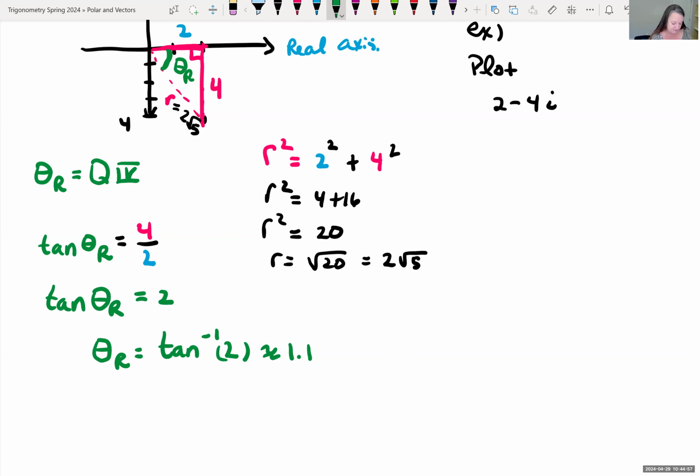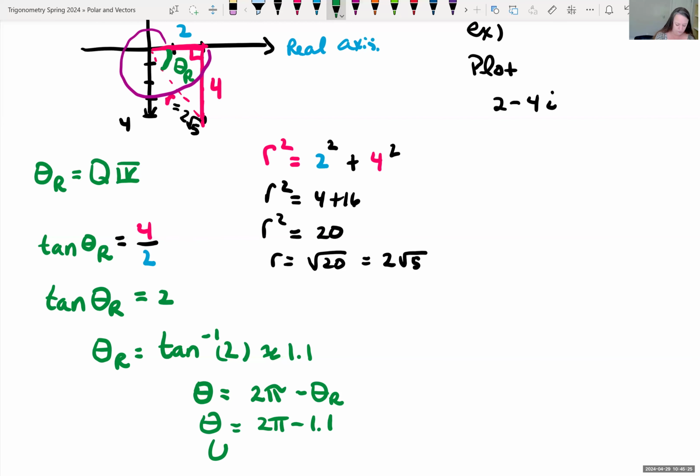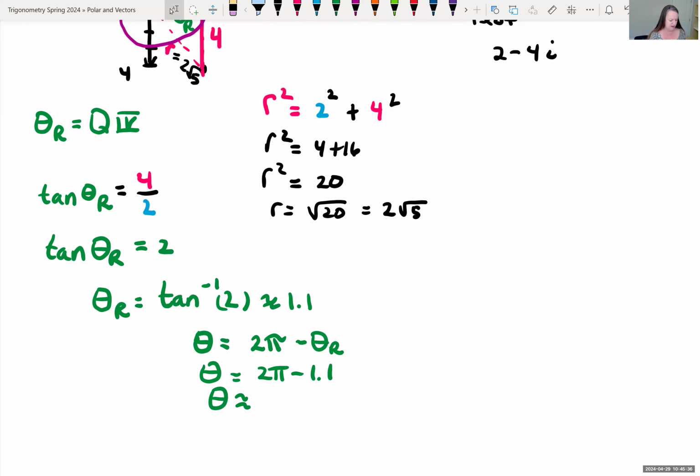So I know that theta is equal to 2 pi, because I'm doing a full 2 pi minus my theta sub r. By doing that, I get 2 pi minus my answer and get approximately 5.1 or 5.2.